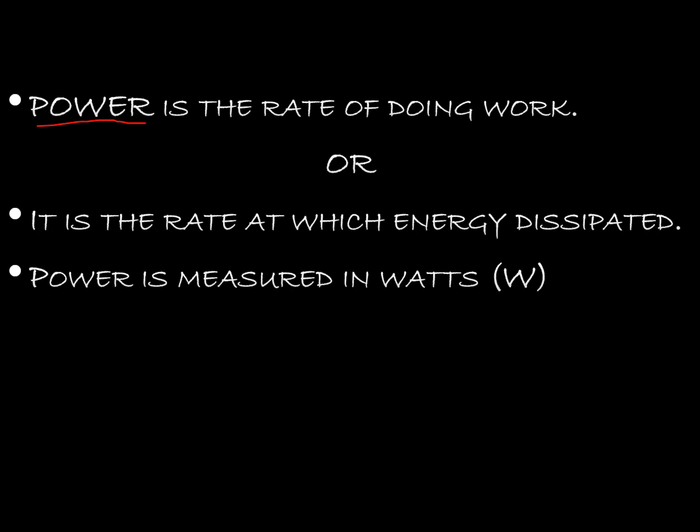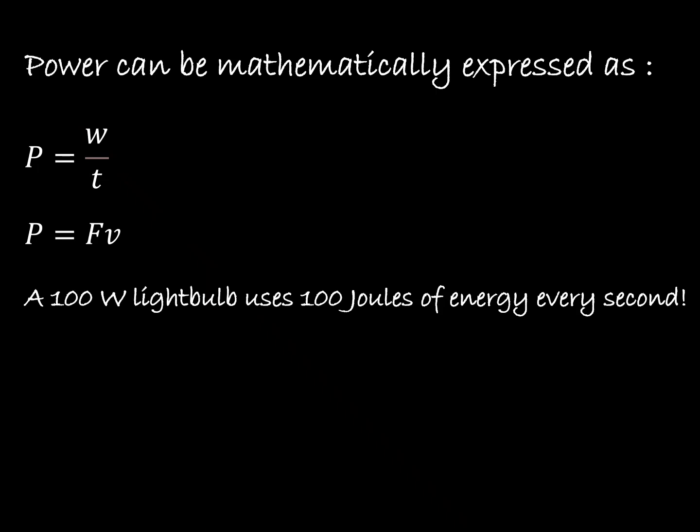So power is also measured in watts. The SI unit of power is the watt, denoted by a capital W. Power can be mathematically expressed as work done over time, or force times velocity. How did we move from work done over time to force times velocity? We know that work done is equal to force times distance.